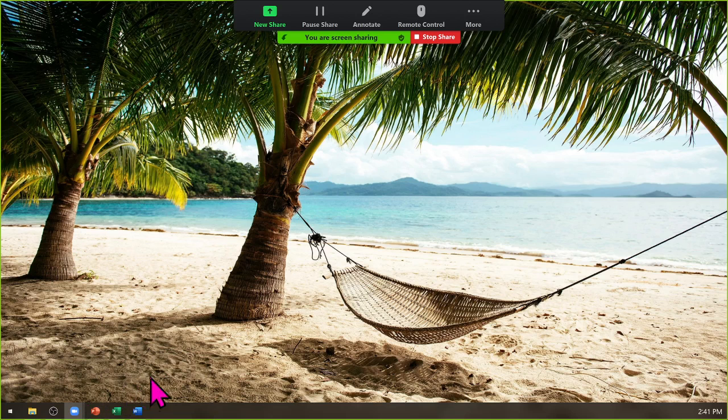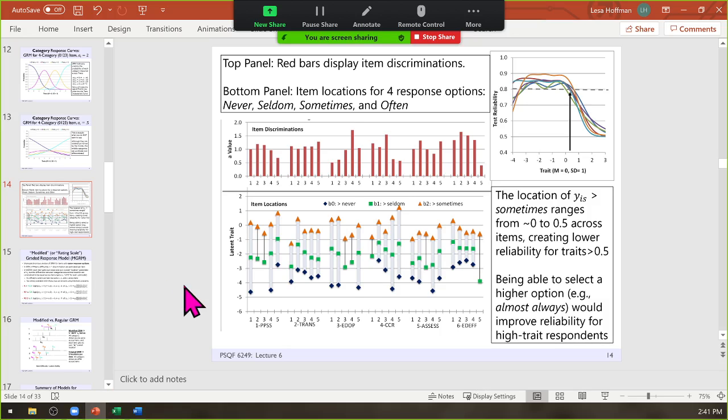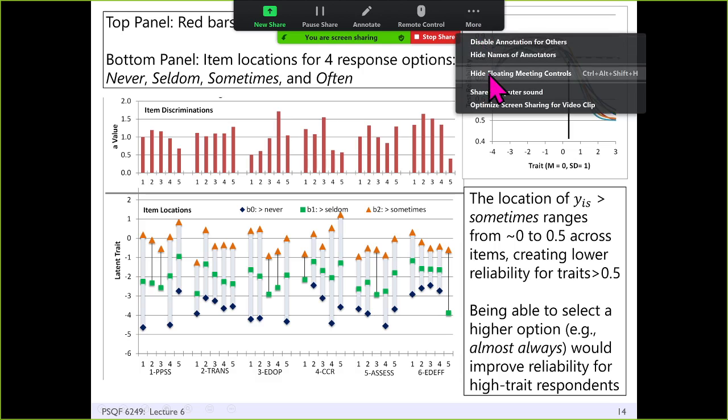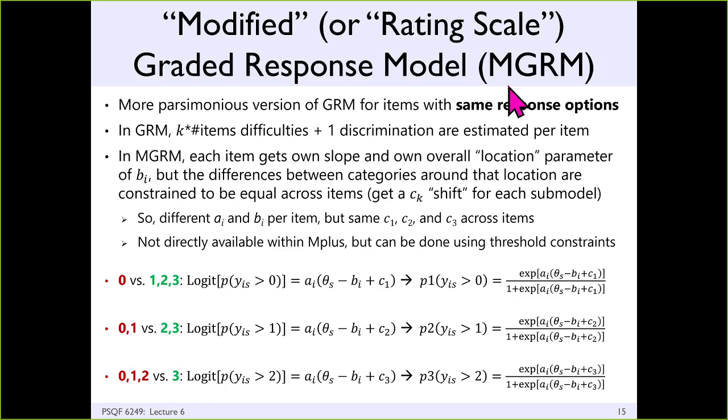So I'm going to dig back into lecture 6. This is slide 14 that we've talked about a few times. It's a good place to start. Let me move the thingy out of the way and talk about some other models that you may come across. So the graded response model, that's what we've just been talking about.